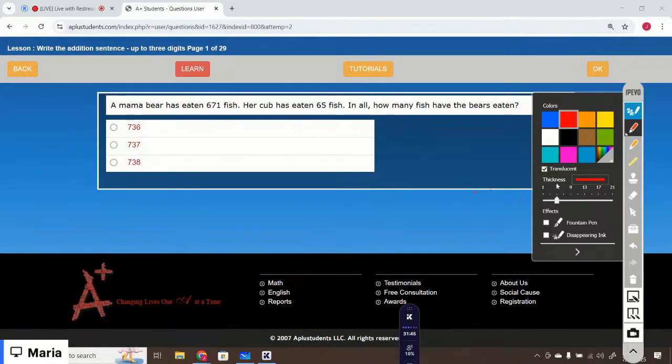In all, how many fish have the bears eaten?